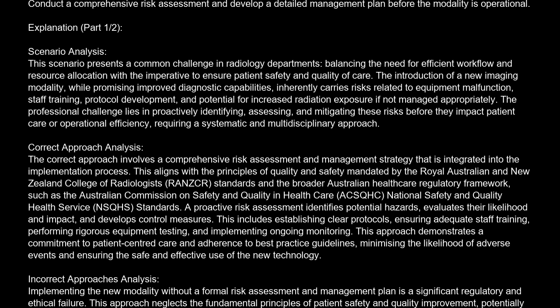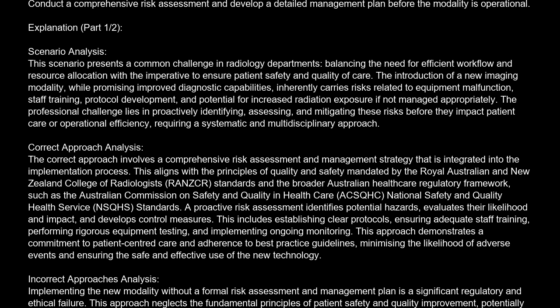The introduction of a new imaging modality, while promising improved diagnostic capabilities, inherently carries risks related to equipment malfunction, staff training, protocol development, and potential for increased radiation exposure if not managed appropriately. The professional challenge lies in proactively identifying, assessing, and mitigating these risks before they impact patient care or operational efficiency, requiring a systematic and multidisciplinary approach.